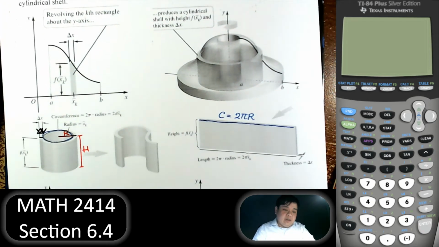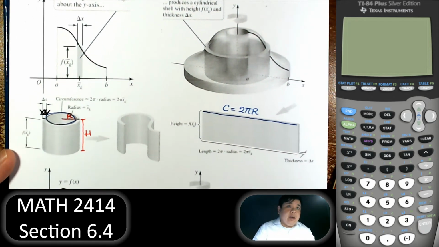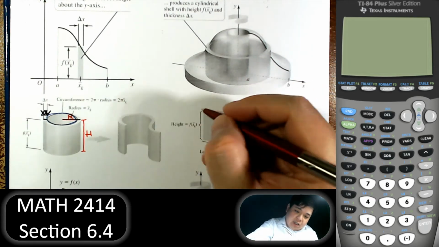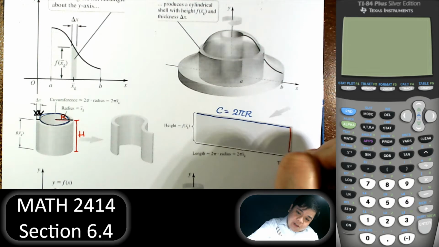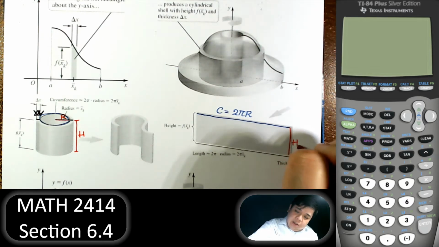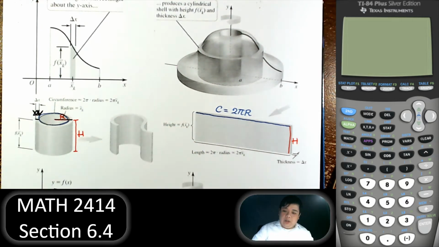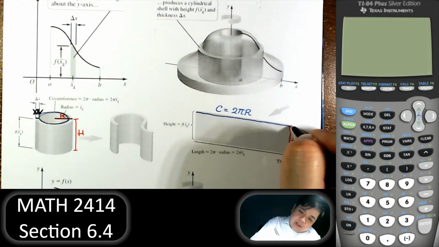And then we still have the height h, and then the width w.